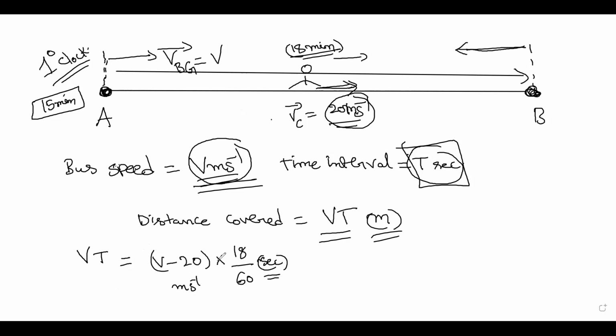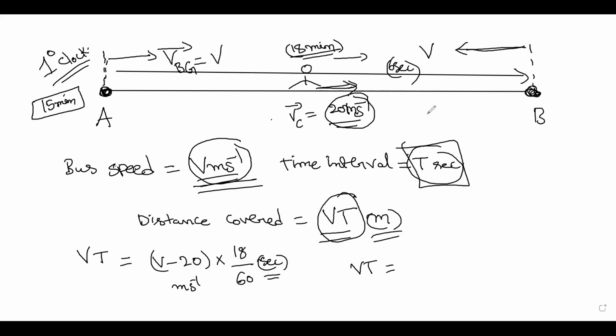Now this bus is coming in the opposite direction and it passes him within 6 seconds. So what is the distance it has covered? Vt, it has covered with some time period, that is passing him within 6 seconds.